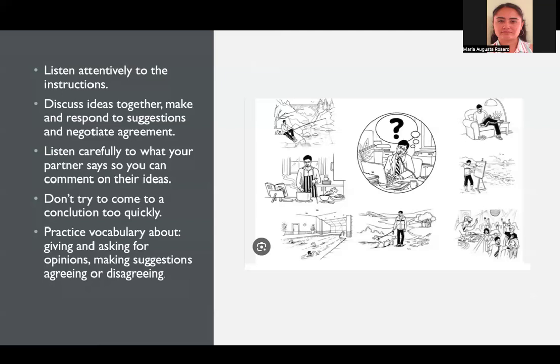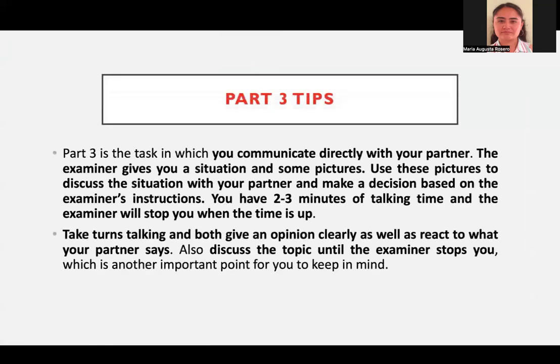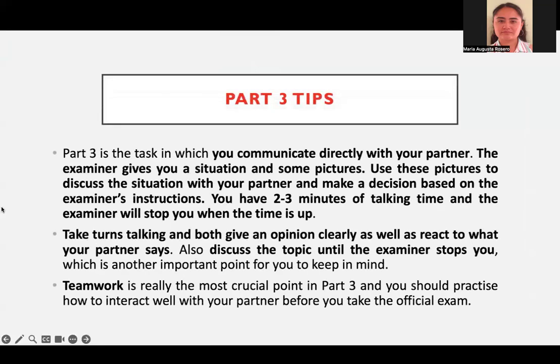That is a good idea. And then the last suggestion that I have here says practice vocabulary about giving and asking for opinions, making suggestions, agreeing or disagreeing. This is really, really necessary for you to get a good score in this part of the exam.